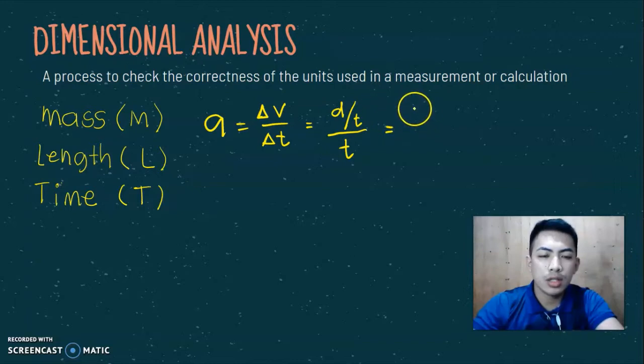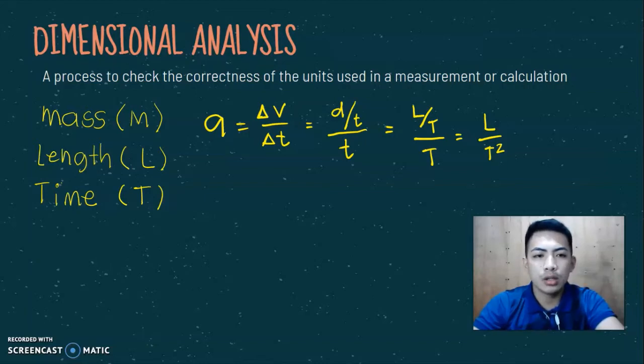So we know that distance has the dimension of L from length, over time, and then time. That will result in L over T squared. So in any calculation that you will encounter in physics that involves acceleration, you will know that your answer is correct if the units you came up with involve length over the square of time.